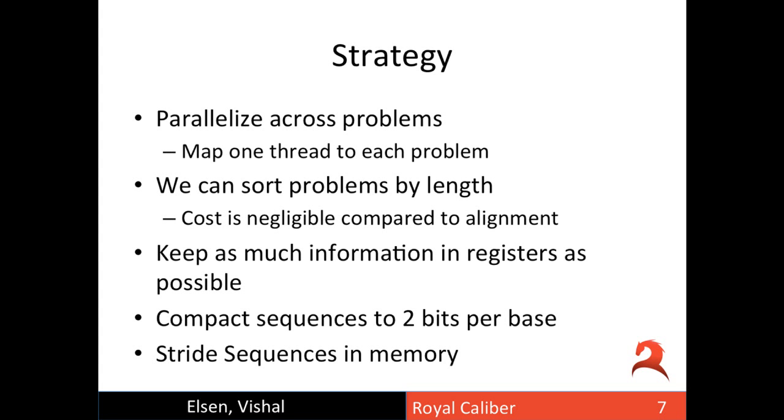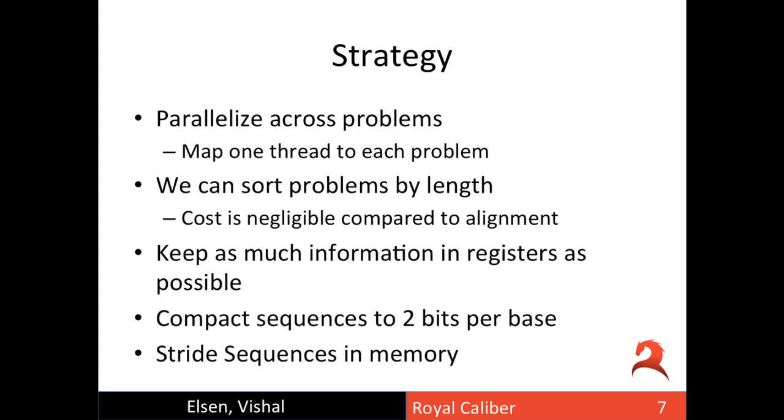And along with that, another important thing is we stride out the sequences in memory. For example, if for each problem the sequences were contiguous in memory, then we would have to somehow cooperatively load the sequences into shared memory and then transpose them to get them into the threads. Of course, that slows you down. It takes up shared memory. It might hurt your occupancy.